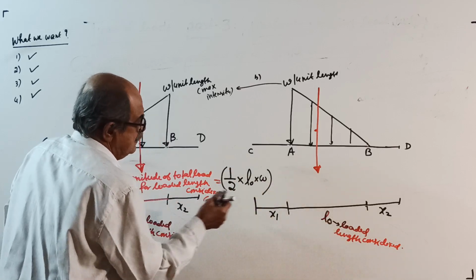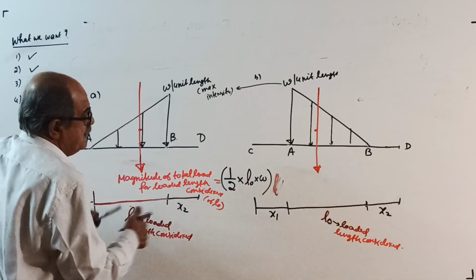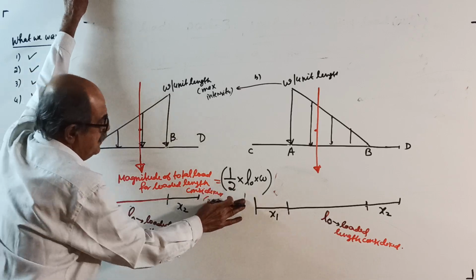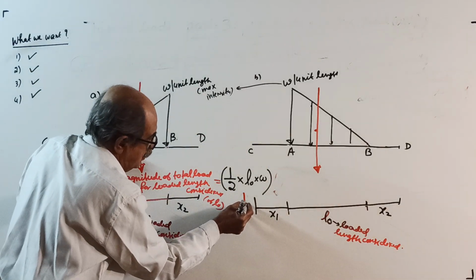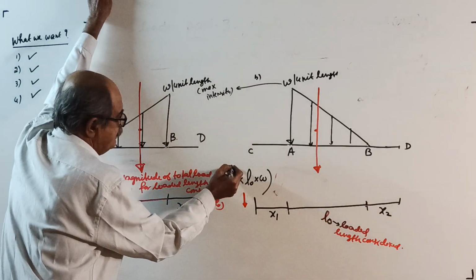This is the direction, see, downward. Downward already shown there. Now you can write here, this is that total load. See, when you finish this one, that means this arrow mark will come now. This is the total load. Okay. Now, further, how did you get it? Right here.